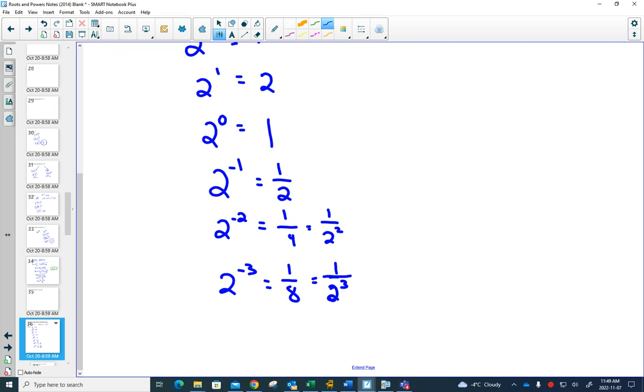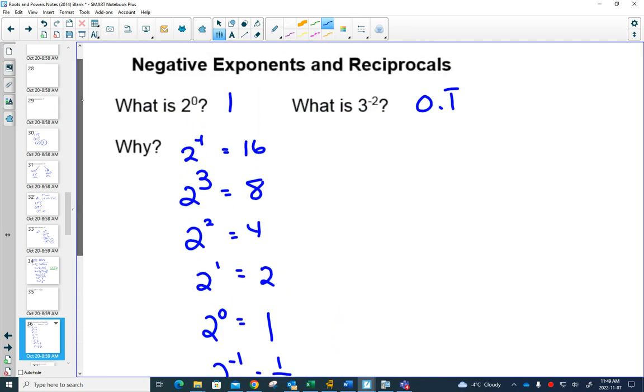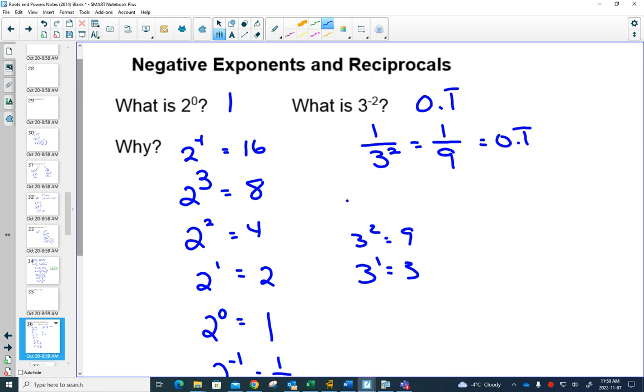Does it work with other numbers? So if we did this, sure enough, it works. Can you see this pattern would work with any base? Like if I had, let's do it with 3. 3 to the 1 is 3, 3 squared is 9, 3 cubed is 27.